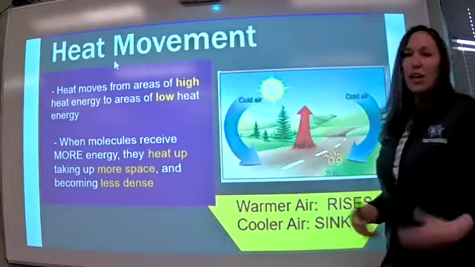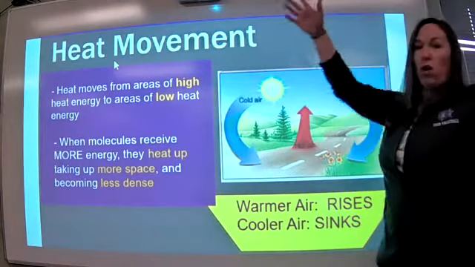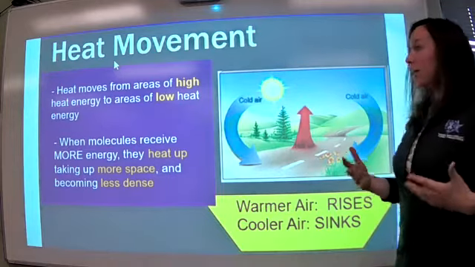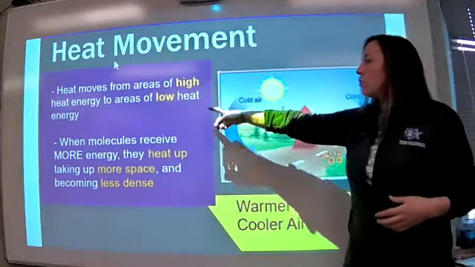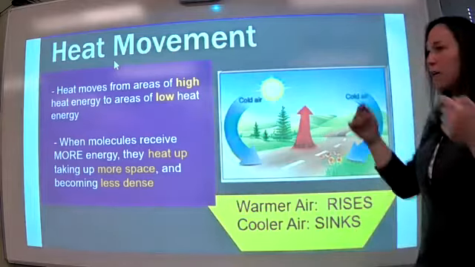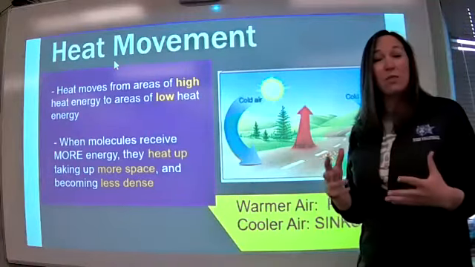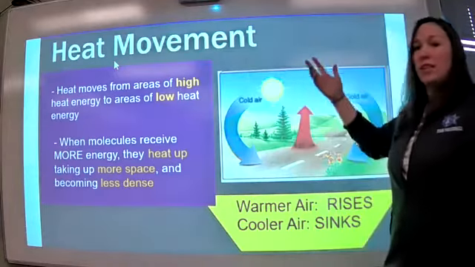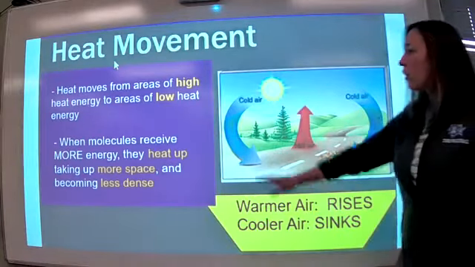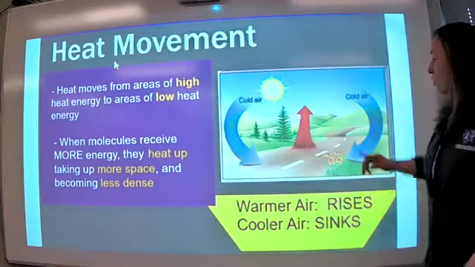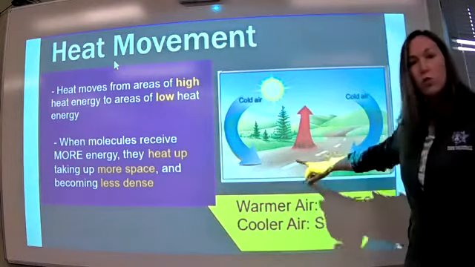So if we take a look at our heat movement, this is overall the atmosphere moderating its temperature. Heat will always move from areas of high heat energy to areas of low heat energy. That will always happen because it seeks balance. That's what the universe constantly tries to get to. So when molecules receive more energy, right? The molecules hit the ground. The ground is really hot.